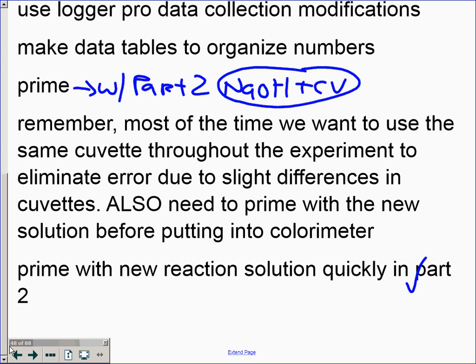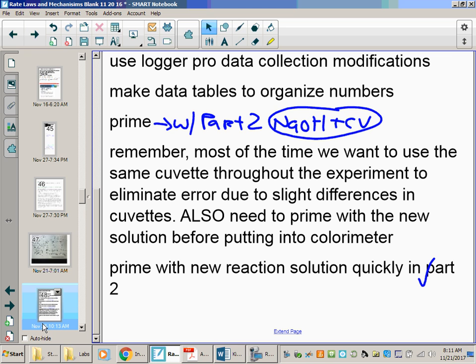It's up to you and your time interval, but you do need to go ahead and collect a plethora of data so you can pick your data. Okay?